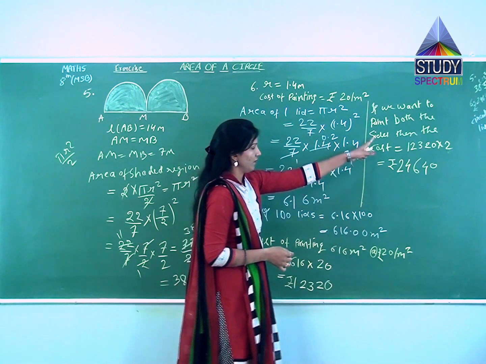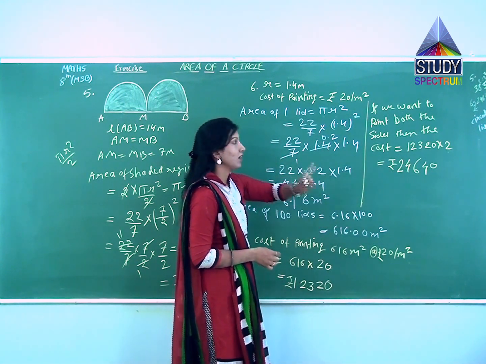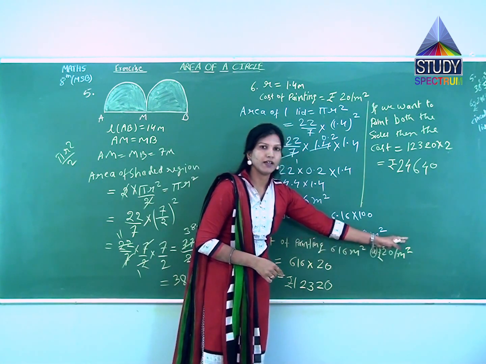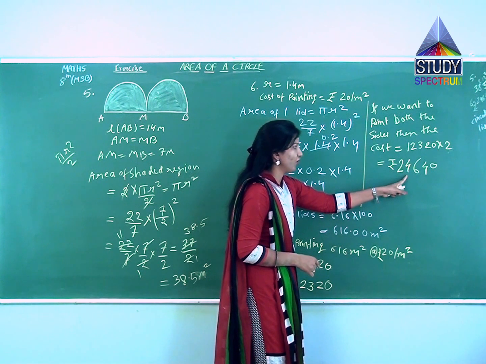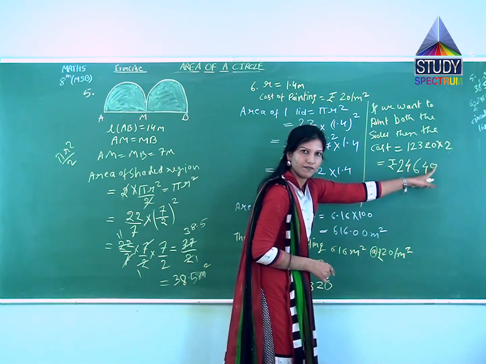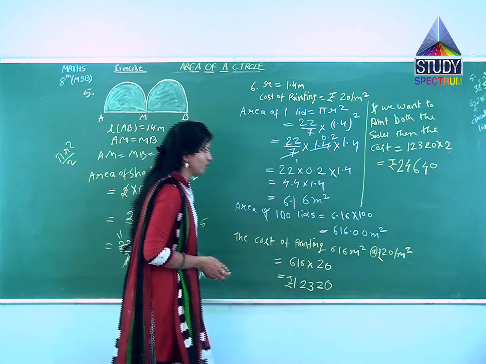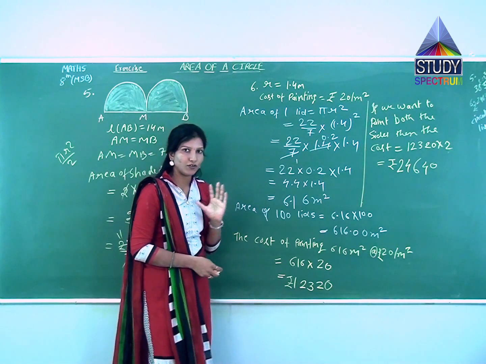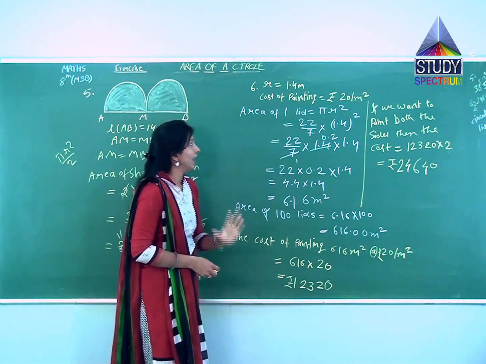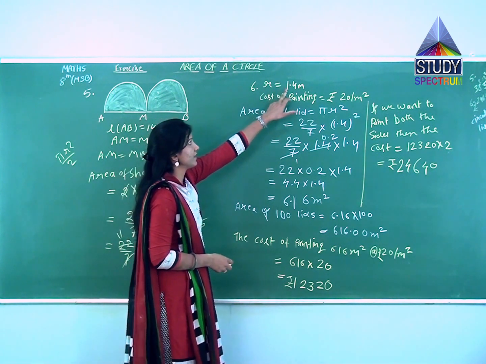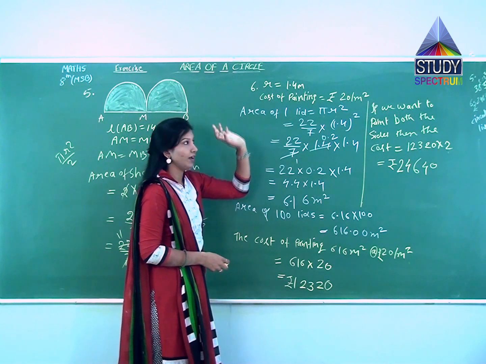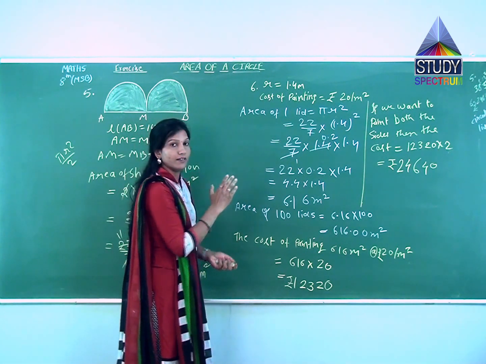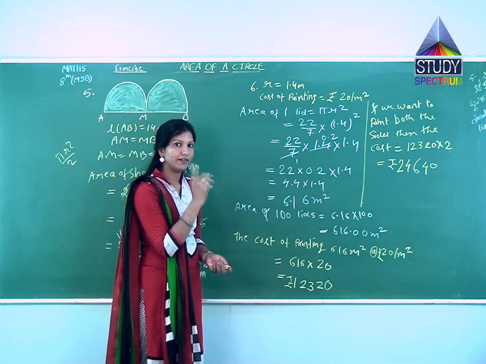The cost of painting both sides of 100 circular lids at rupees 20 per meter square will be rupees 24,640. फिर से देखिए एक बार पूरा क्वेश्चन. In this question we have a circular lid of a tank and the radius of that circular lid is 1.4 meters. Now we have to paint this lid, this type of lids, 100 lids.